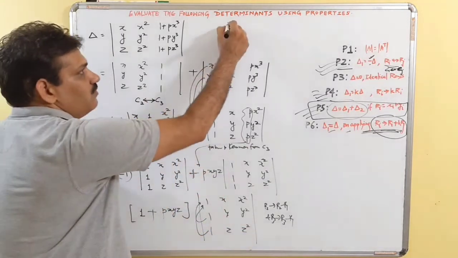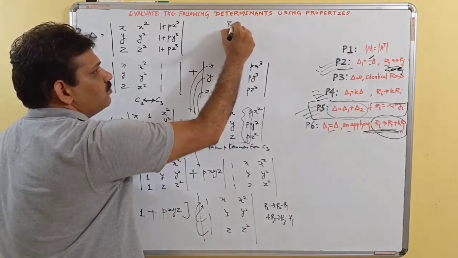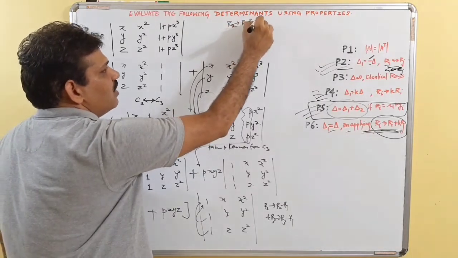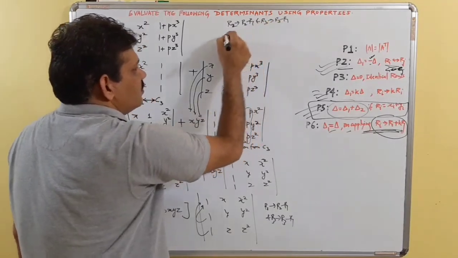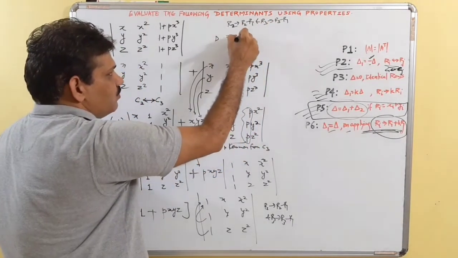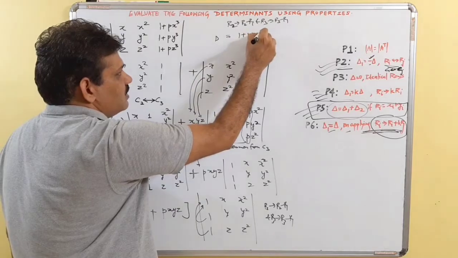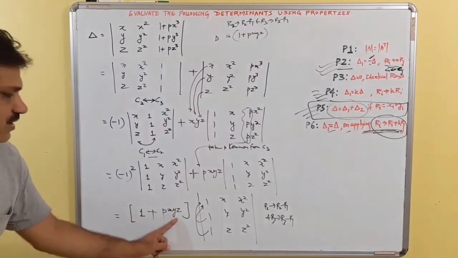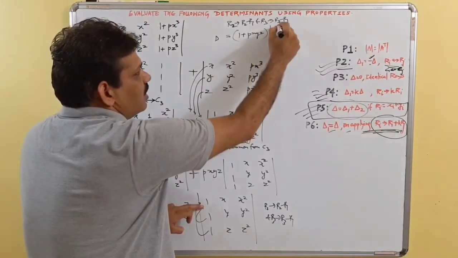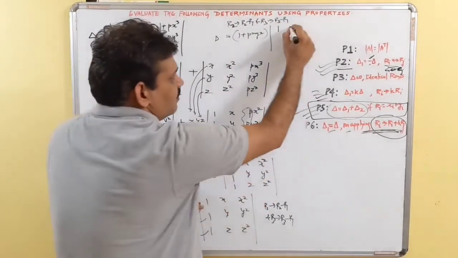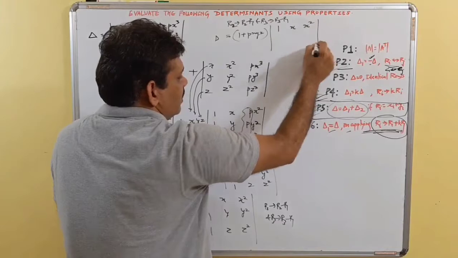So what do we do now? R2 becomes R2 minus R1 and R3 becomes R3 minus R1. So delta is equal to 1 plus pxyz times the determinant. Here we have not made any change in R1, so R1 is same: 1, x, x square.